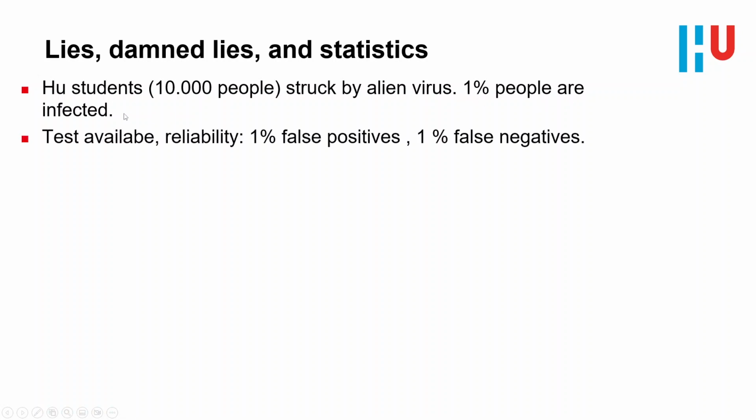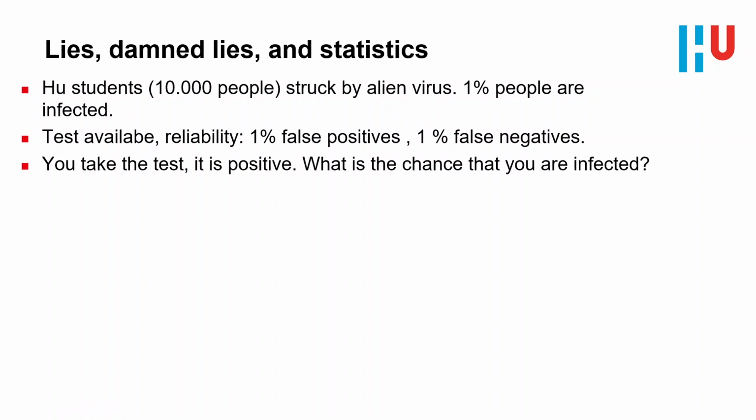Let's say that we have a test available and we know the reliability figures of that test. And that test is actually pretty good. It only gives 1% false positives and 1% false negatives, which is really, really good for those kinds of tests. Well, it's an alien virus, so it's amazingly good. But even for a normal virus, it's very good, not bad.